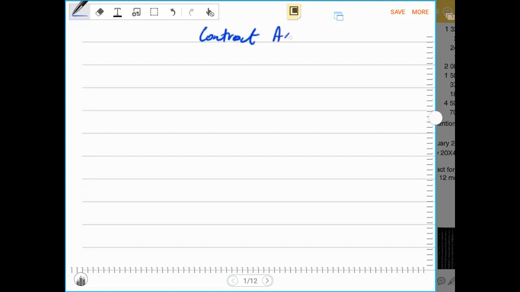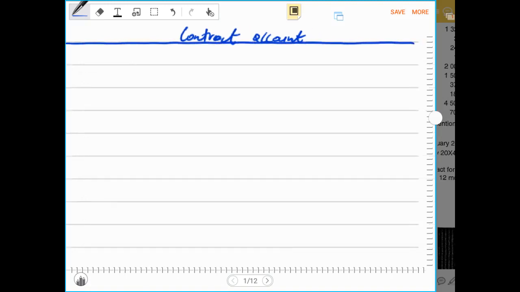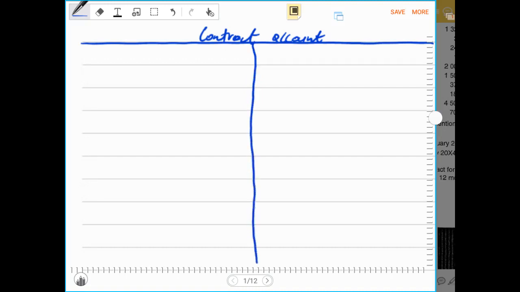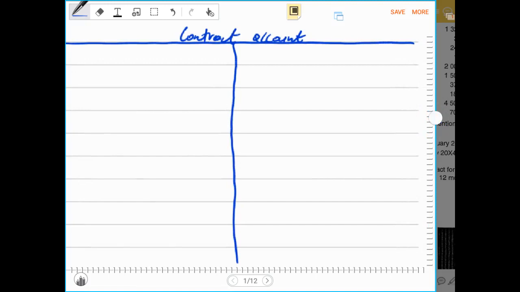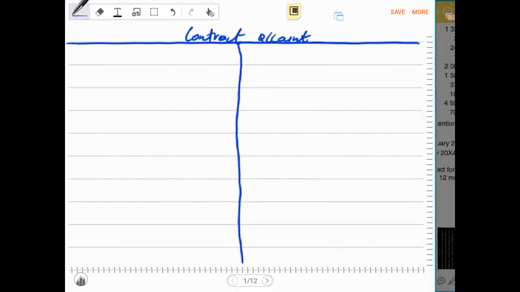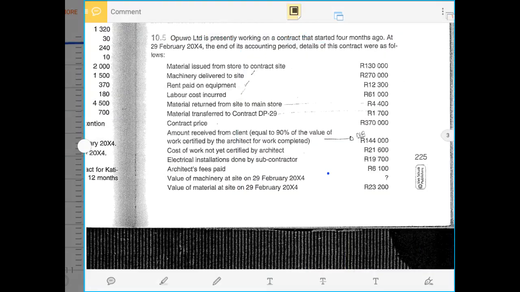We know that this account will record all the expenses on the debit side, all the expenses that regard or affect the contract. And if there are transfers, they will be recorded on the credit side. So now here is the contract account for this exercise, and I will read every entry that took place in this exercise.